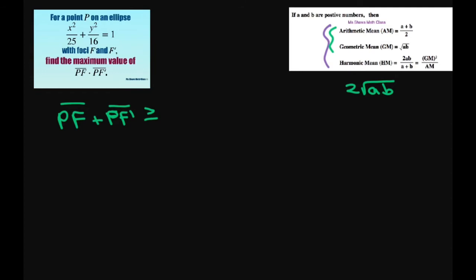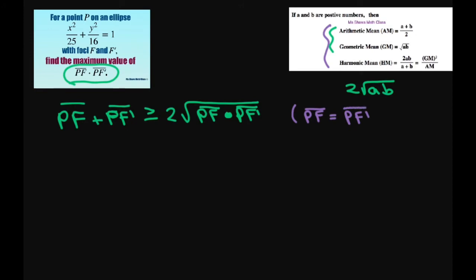And that's going to be 2 times the square root of PF times PF prime. Now I'm using that because that's what we want. So that's why I'm using this formula here. And that also means that PF equals PF prime, or you could say left-hand side equals the right-hand side.